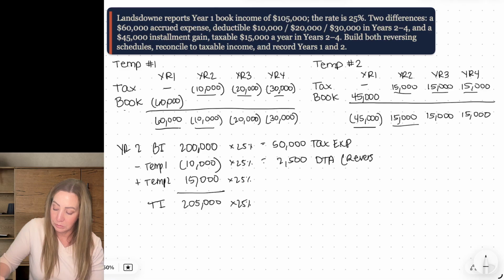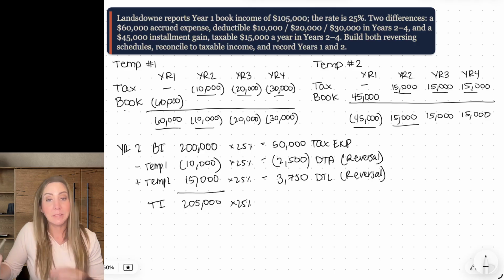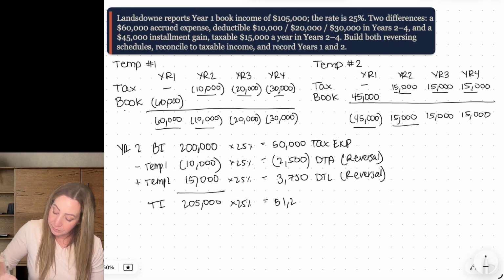This is a reversal, and I know because a DTA is typically positive, and I've got it shown negative here. And then 25% times 15,000 is 3,750, and that's the reversal of my DTL. So instead of debiting a DTA and crediting a DTL, I'm going to do the opposite. And then here I've got taxable income, and it is $51,250 for my tax payable.